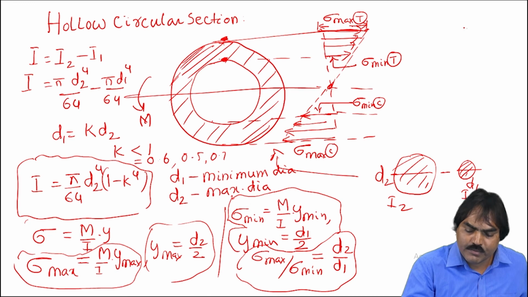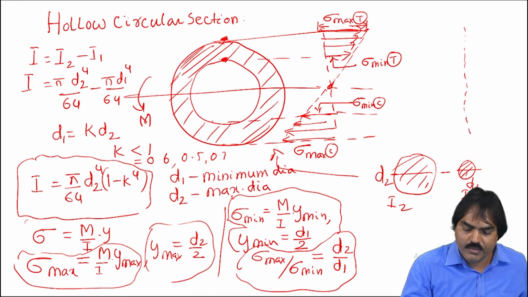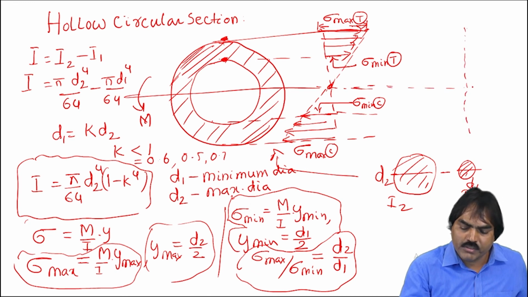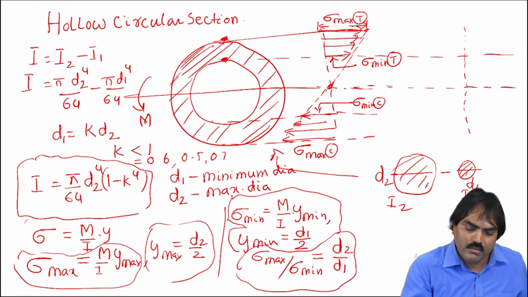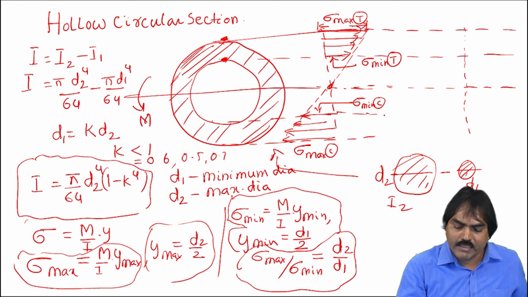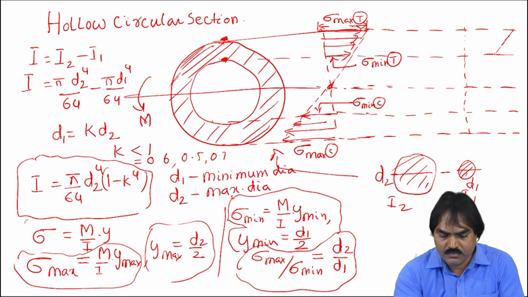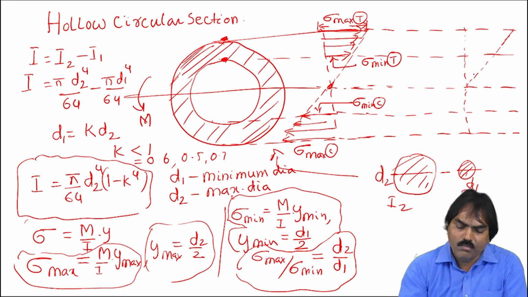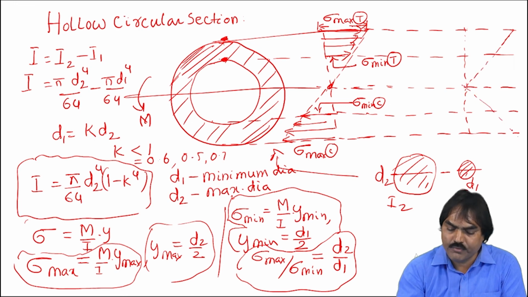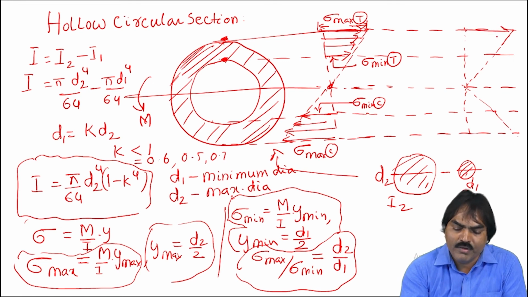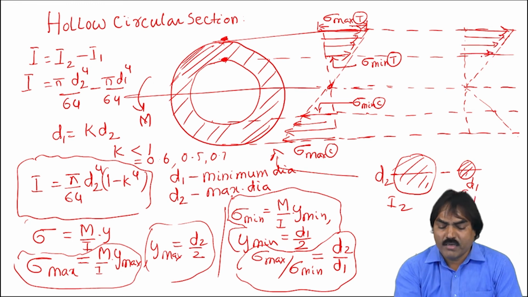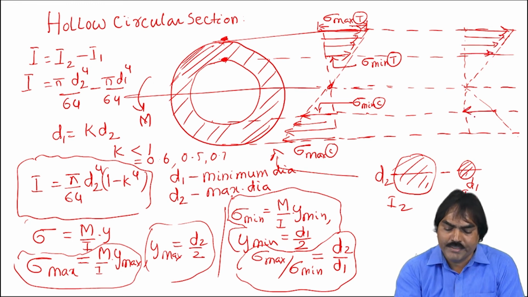In some literature, they are showing this stress distribution in a different style. That is also correct. Let us see how. Anyway, top is tension, bottom will be compression. You can show both in the same direction, but for tension, the arrow will be outward like this. For compression, you can show the arrow inwards.